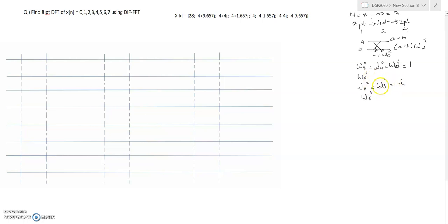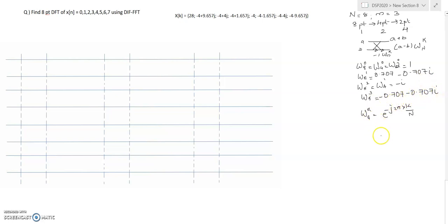We need to obtain W_8^1 and W_8^3. Basically you all know that W_N^K is computed with e raised to minus j2 pi into k by N, and that's how we compute this. So W_8^1 is 0.707 minus 0.707j, and W_8^3 is minus 0.707 minus 0.707j.